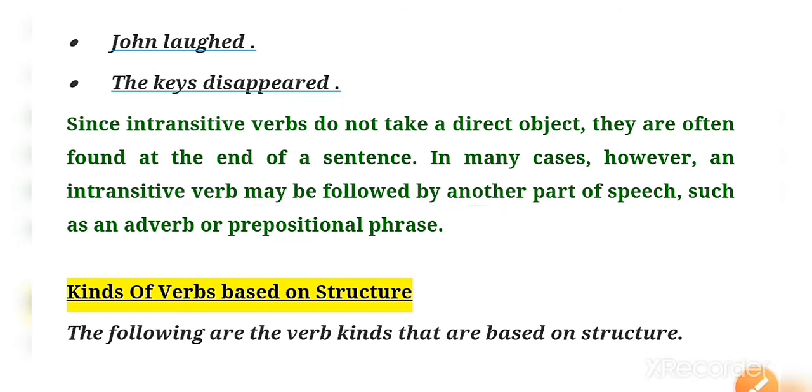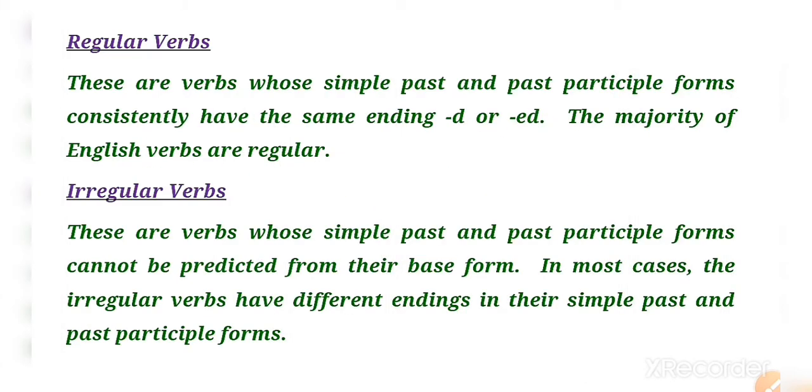So now children, I hope that you are now able to get how a main verb can be used as a linking verb, as well as how it is recognized in a sentence of transitive or intransitive verb. So now we are going to have the next part, that is kinds of verbs based on structure. According to structure, basically we have regular and irregular verbs.